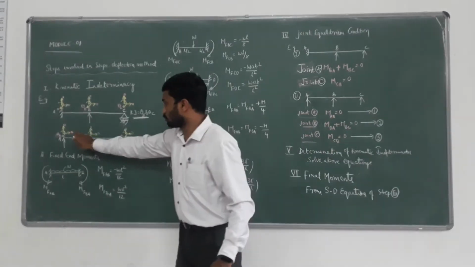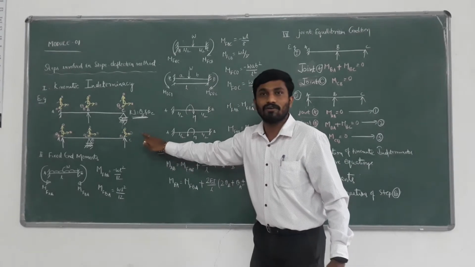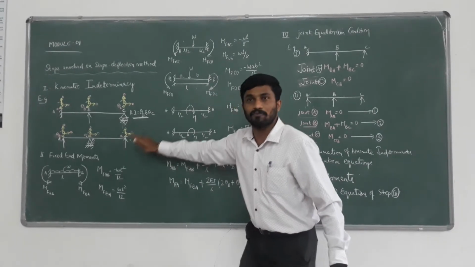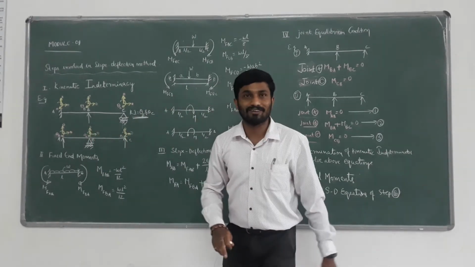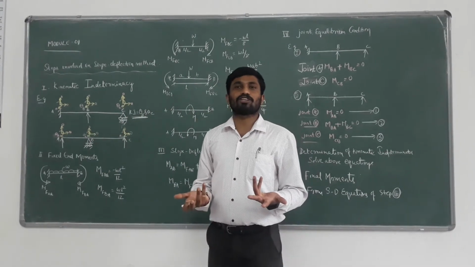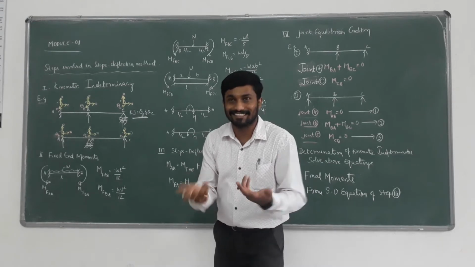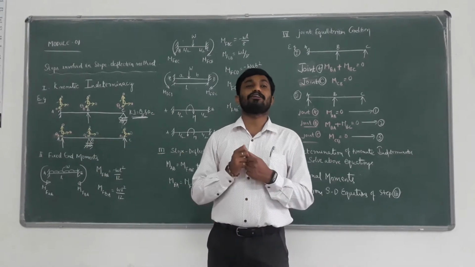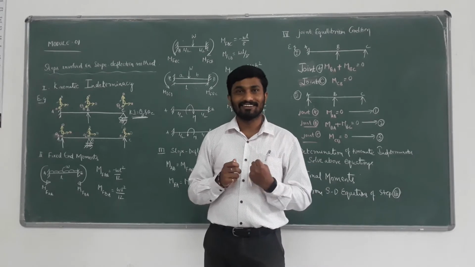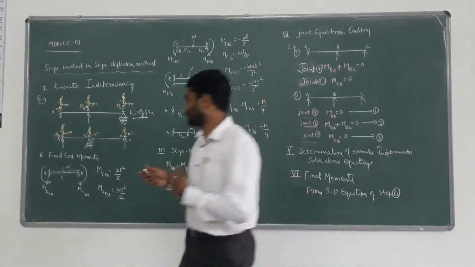Hence this is also 0. Because of the vertical props, vertical reactions, 0. There are rotations at all three joints, theta A, theta B, theta C. Therefore, the kinematic indeterminacy is 3: theta A, theta B, theta C.